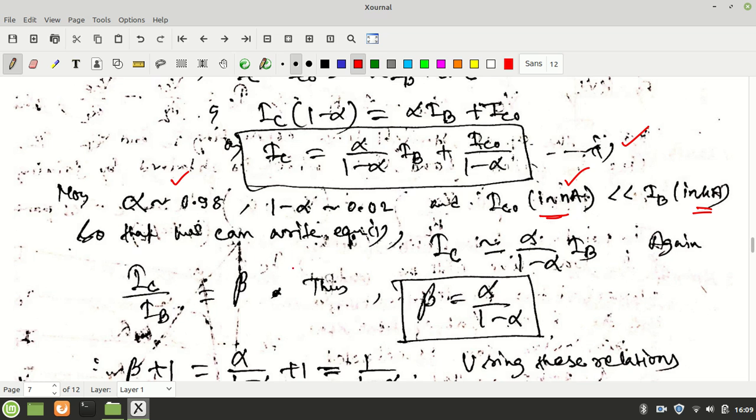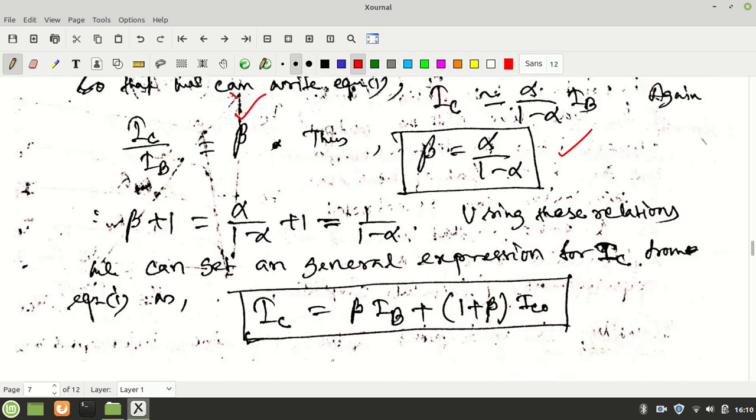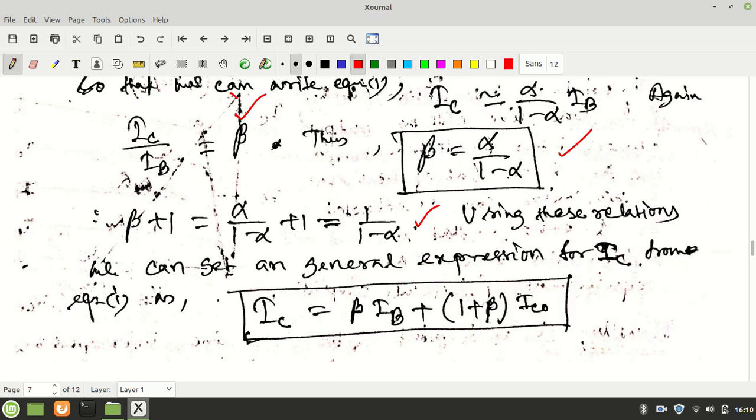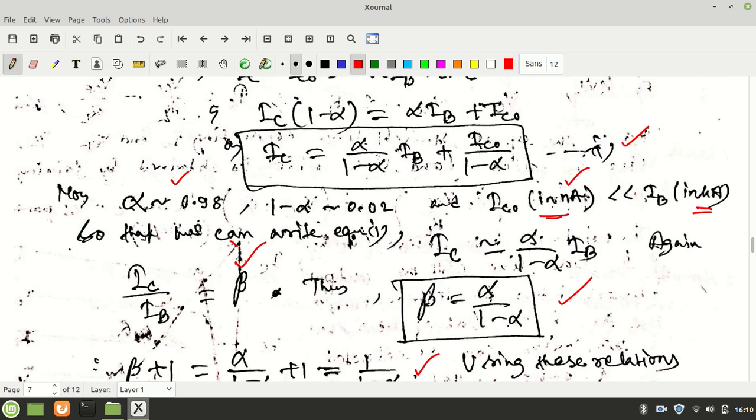Now IC by IB by definition is beta. So beta is equal to alpha by 1 minus alpha. Then you can find 1 minus this term and put it back into the actual equation, equation number 1.